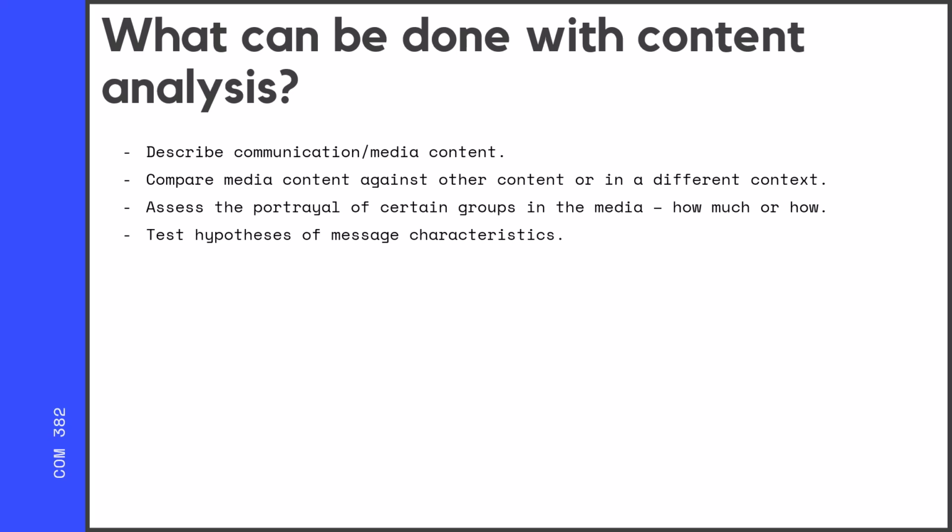The researchers would get a sample of news articles and television shows or films that feature Asian Americans and then code them in terms of roles, stereotypes, level of diversity within the group, the tone of the coverage, etc., and then quantitatively compare the two. You can also assess the portrayal of certain groups in the media, so you could look at women in political news coverage quantitatively.